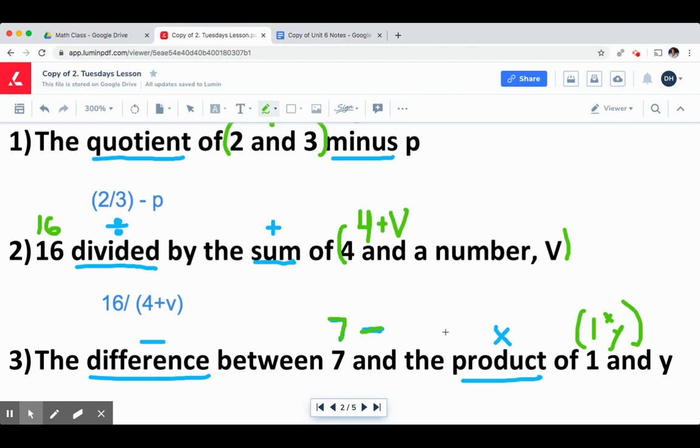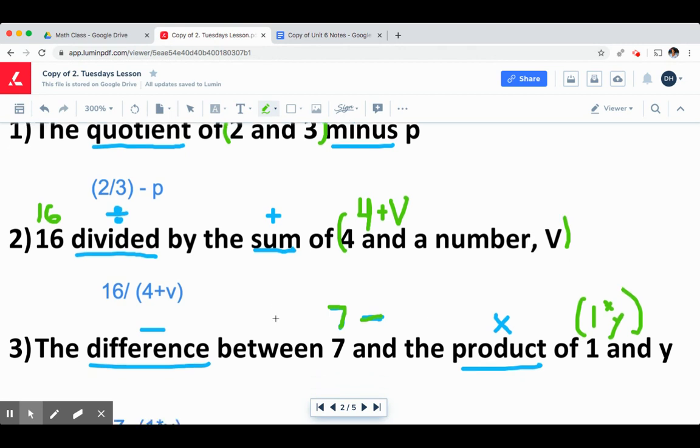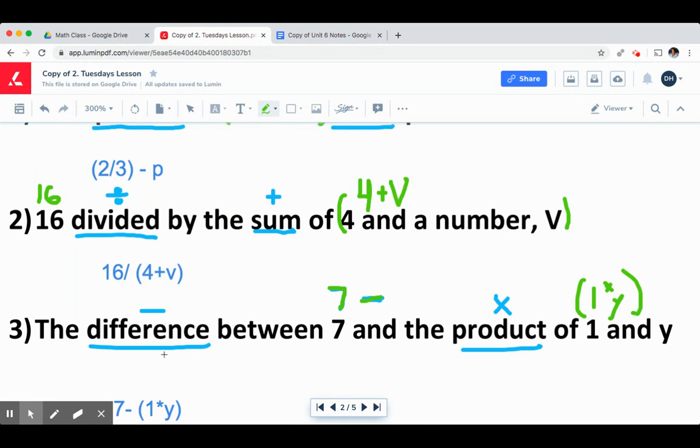So my expression should look like this: 7 minus parentheses 1 times y, showing that I'm subtracting the product of 1 and y from 7. First, I need to find the product of 1 and y before I can subtract it from 7.